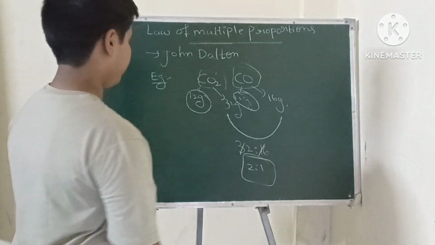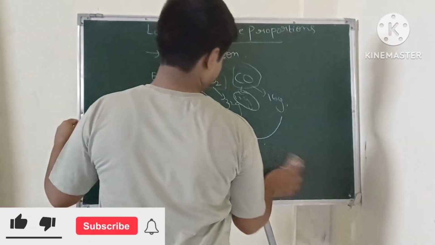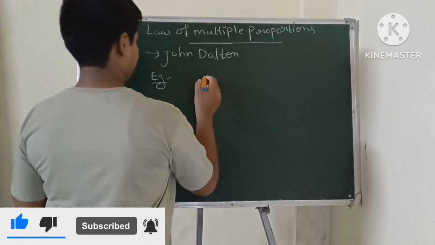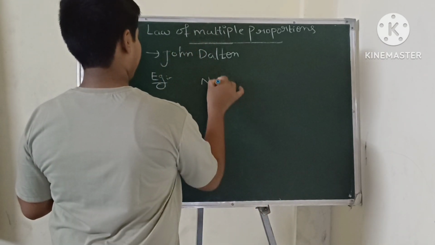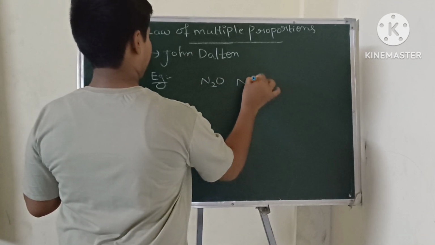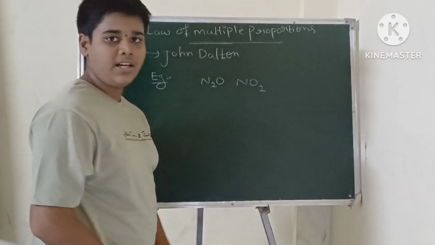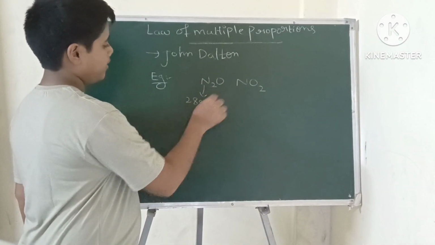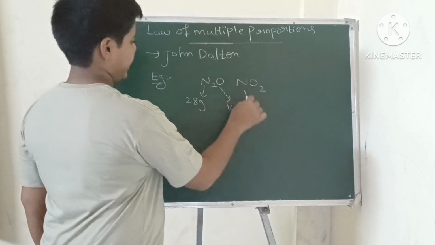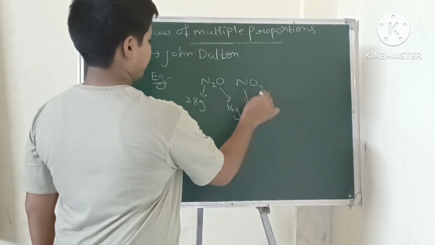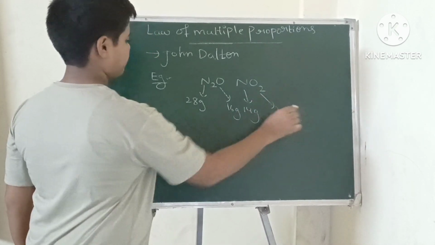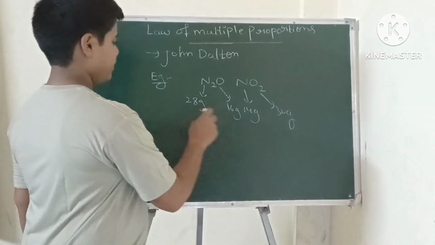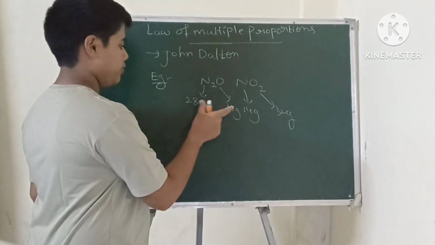So like this we can do another example. N2O and NO2. Here, nitrogen is 28 grams, oxygen 16 grams, nitrogen 14 grams, oxygen 32 grams. In this, no weight is fixed, so we have to convert this into simplest form.